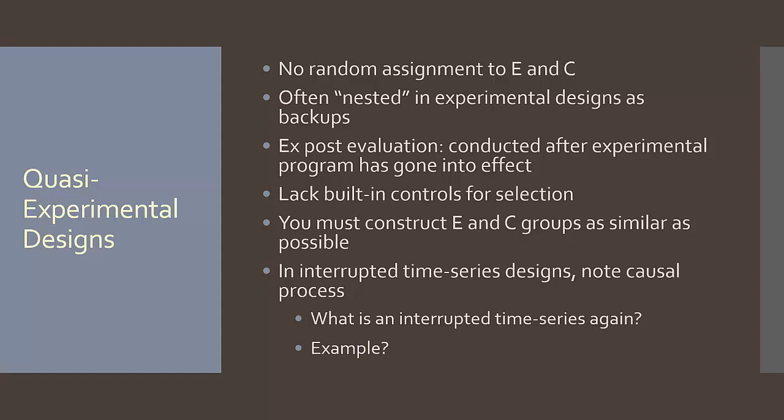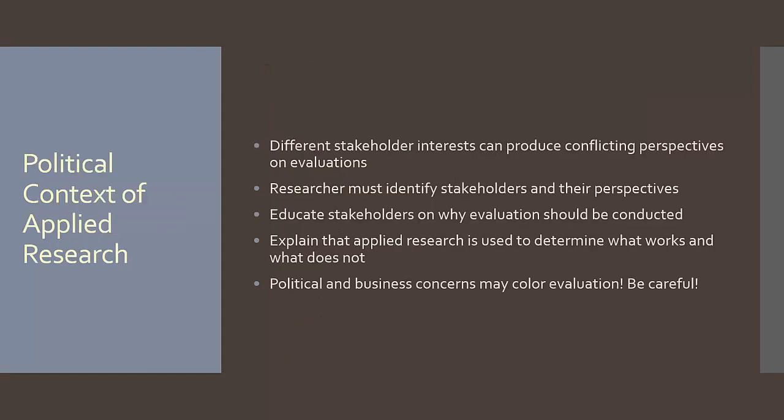Right, so interrupted time series is when you look at cross-sectional data, look at when a new policy or a new law was implemented, and then look at those outcomes and see how they've changed after that intervention was implemented.